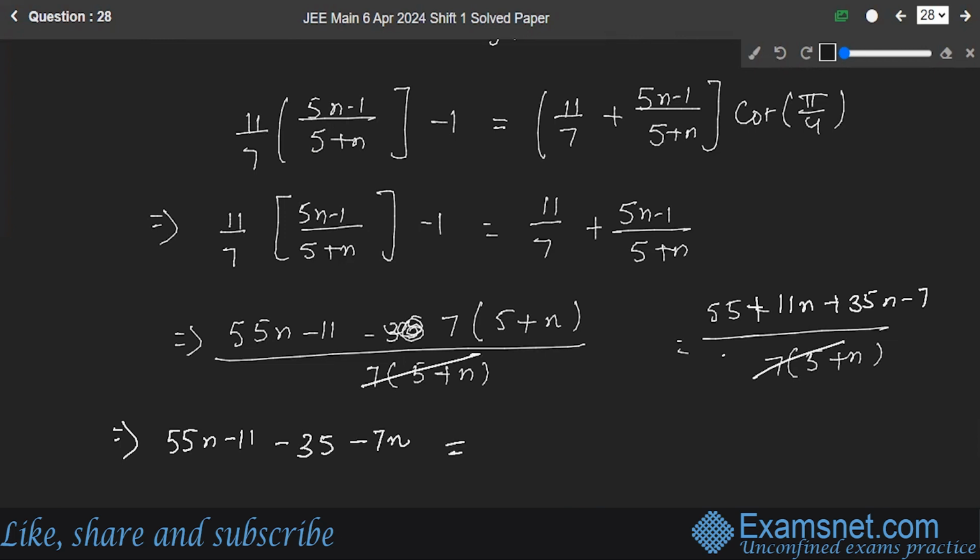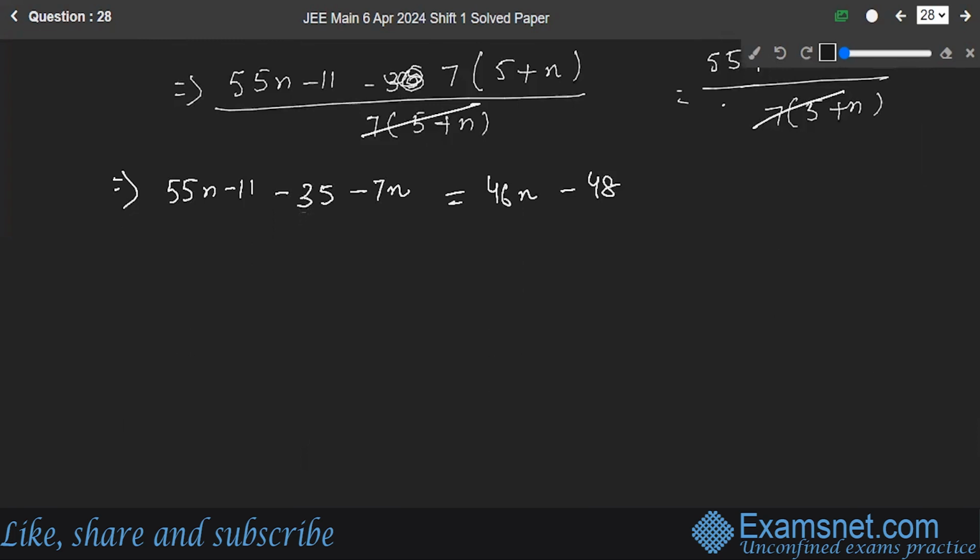This is equal to 48n minus 46 is equal to 46n minus this, or you have 2n is equal to minus 2.